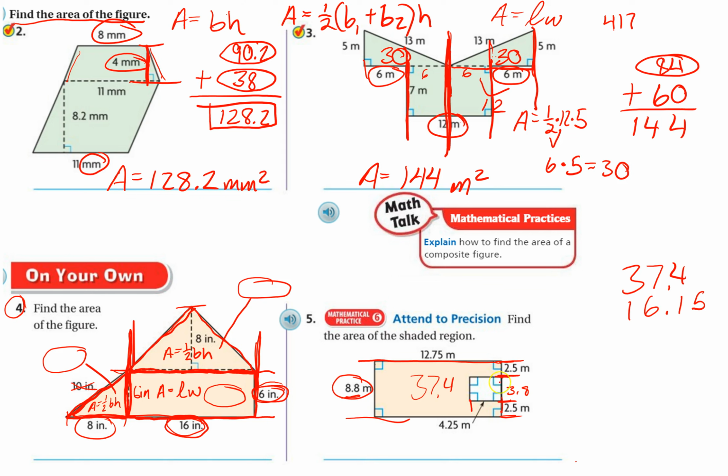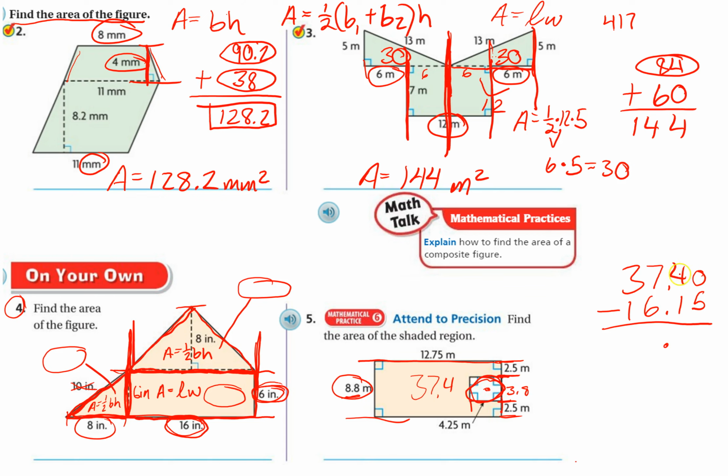So I need to subtract. I cut this amount out. I found the area of this, and this is the part that was cut out from the whole thing. So I can add a 0 placeholder. I have to line my decimals up because I'm subtracting. Whenever you're adding or subtracting, you must line your decimals up.